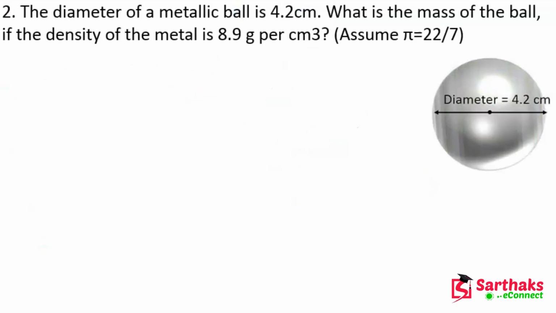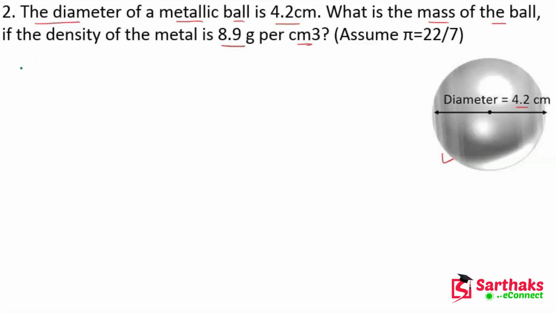The next question: the diameter of a metallic ball is 4.2 centimeter. Here you can see a metallic ball with diameter 4.2 centimeter. What is the mass of the ball if the density of the metal is 8.9 gram per centimeter cube? We have to find the mass of this ball.